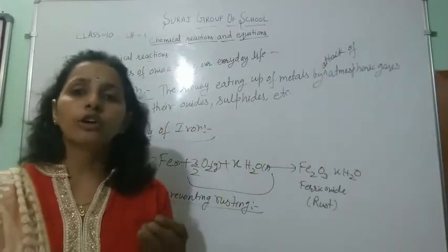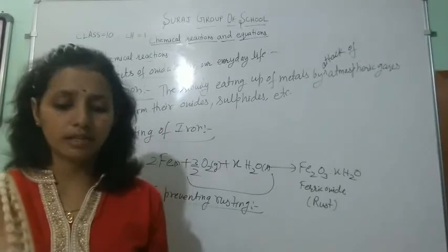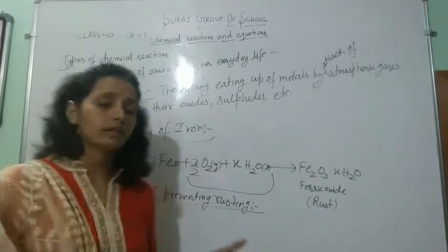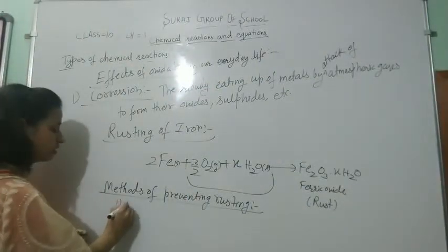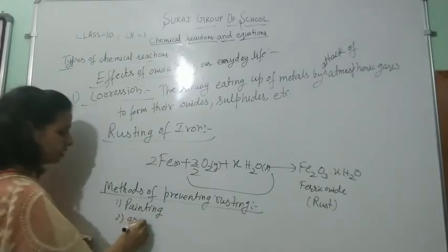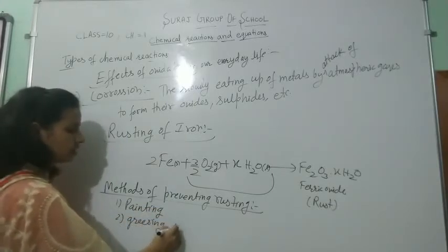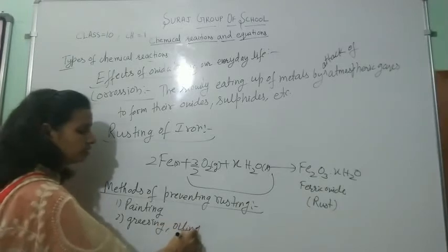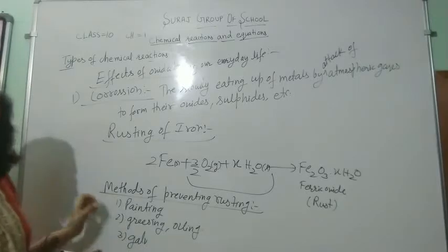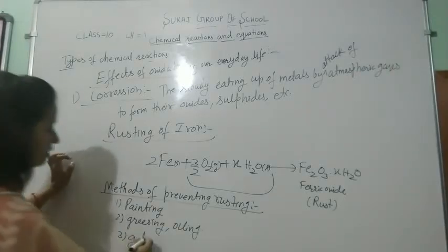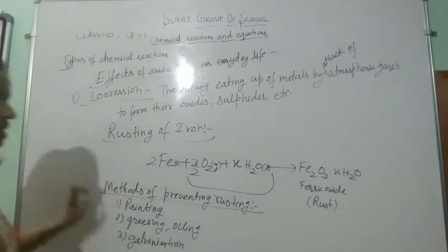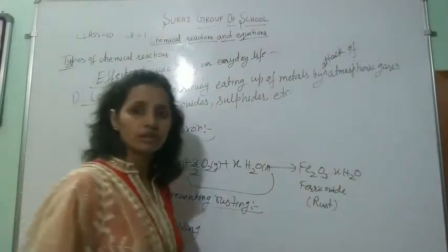The thin coating of zinc on iron articles is known as galvanization. So these are the different methods to prevent rust and corrosion: painting, greasing and oiling, and galvanization.